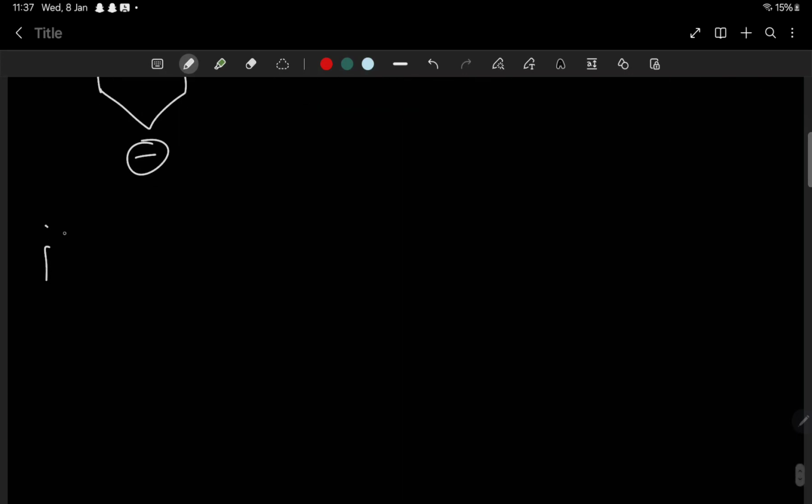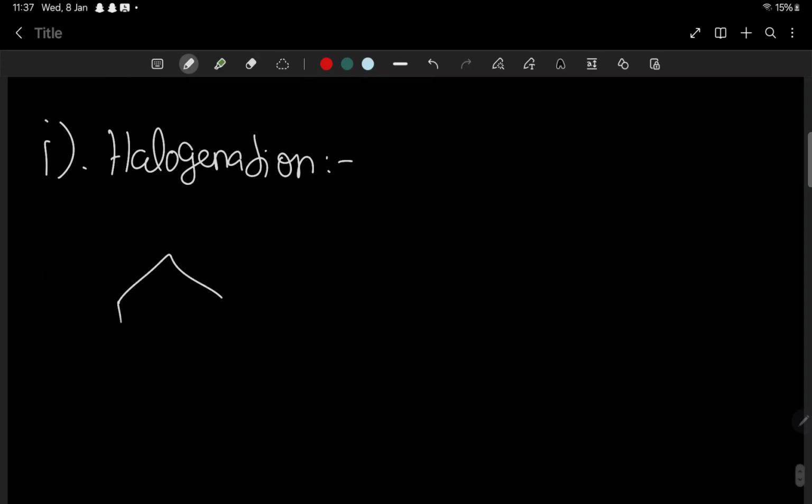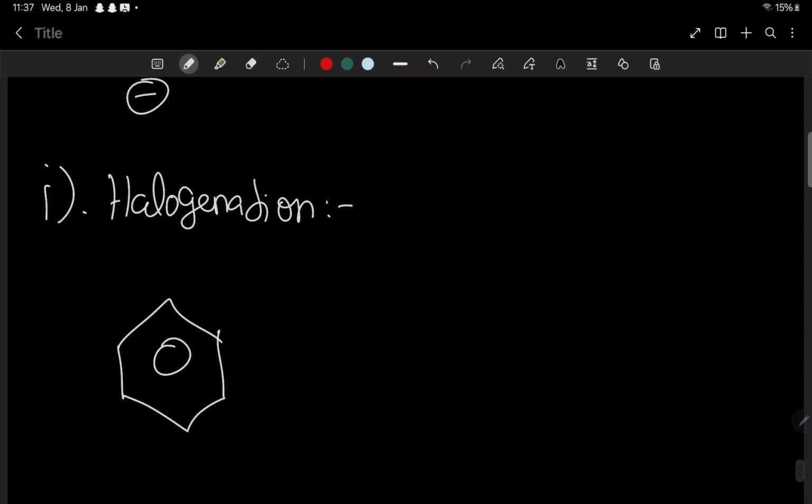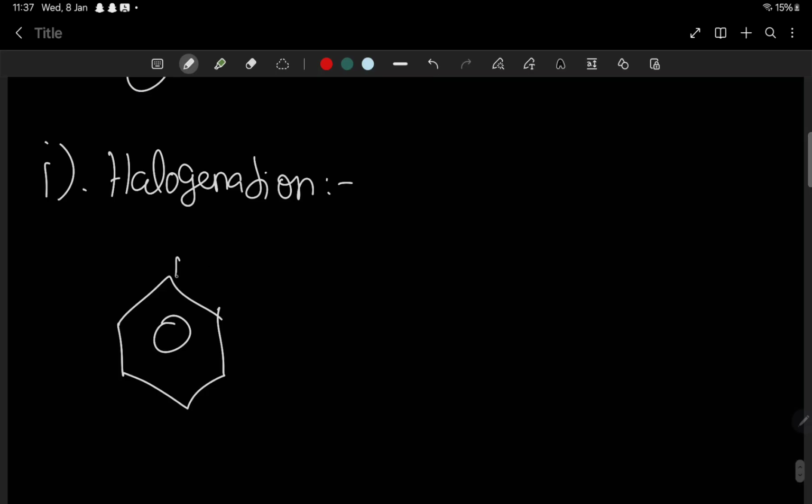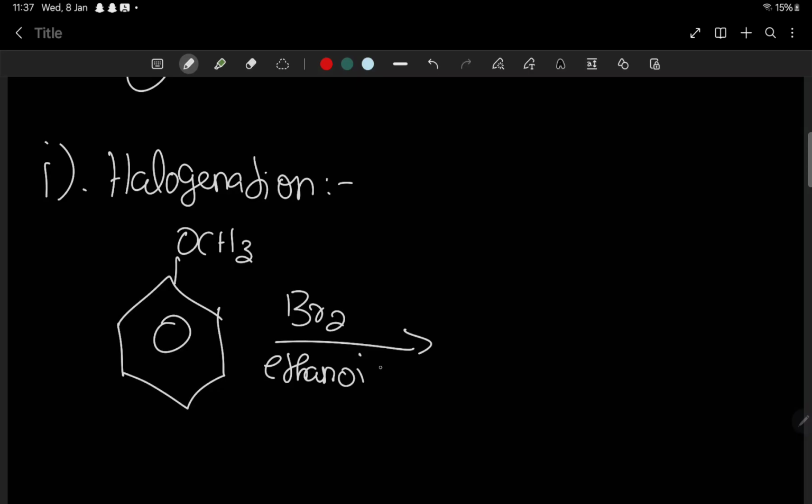First reaction is halogenation. It is not vigorous as in alcohol and amine. It's a limited, controlled reaction. Br2 in ethanoic acid medium.